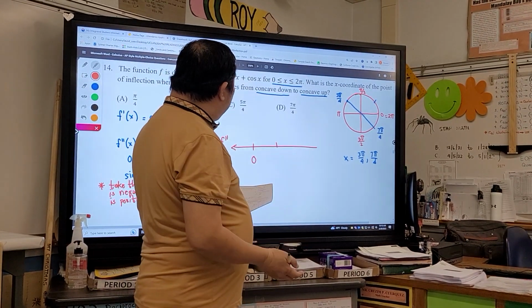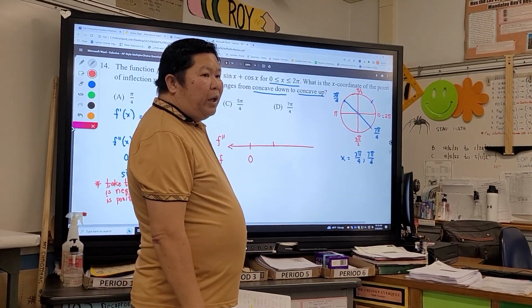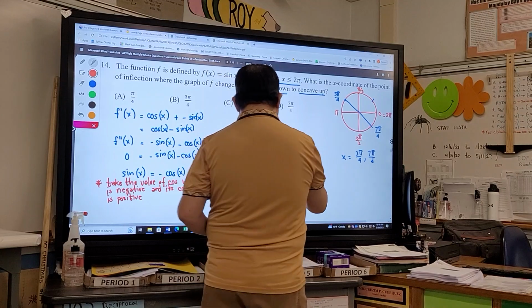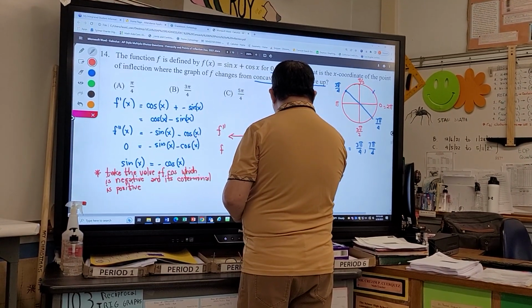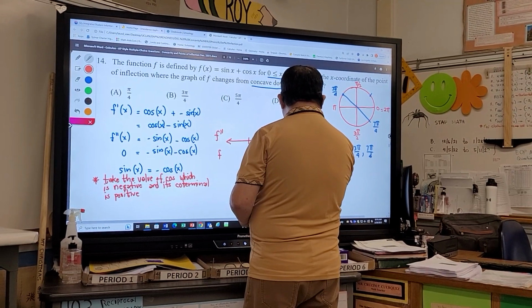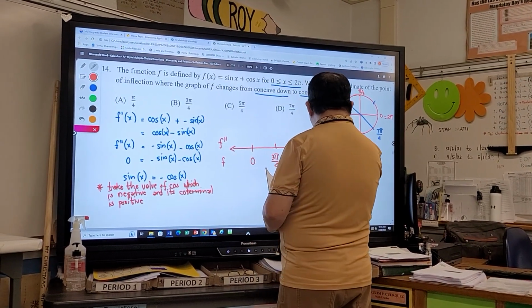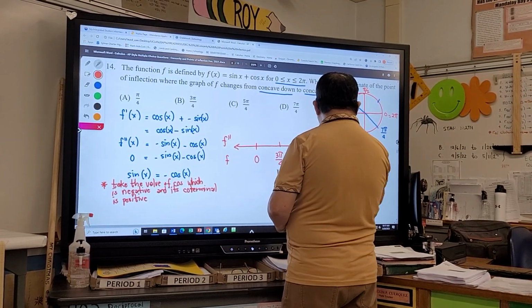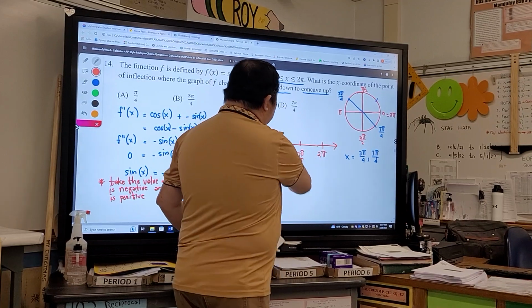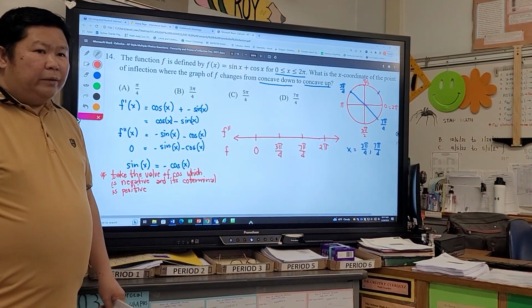In between 0 is 3 pi over 4, then 7 pi over 4, and also this one is 2 pi. Any question for the f double prime line?